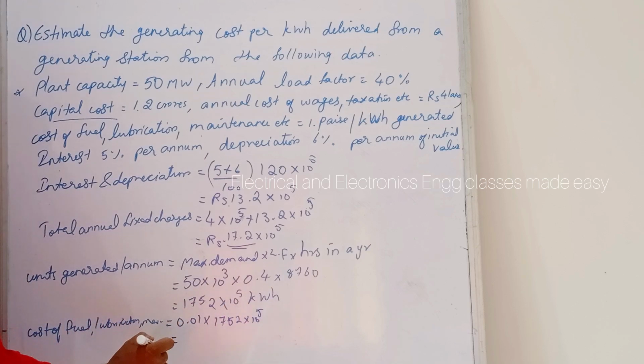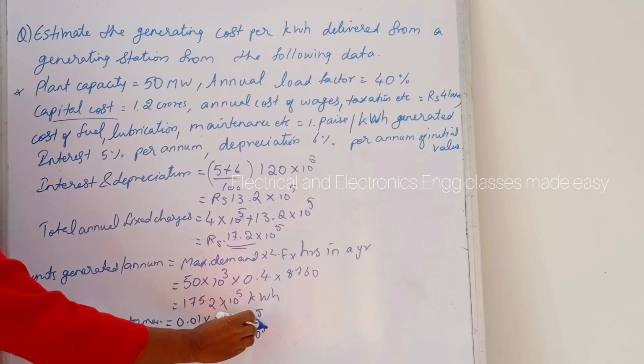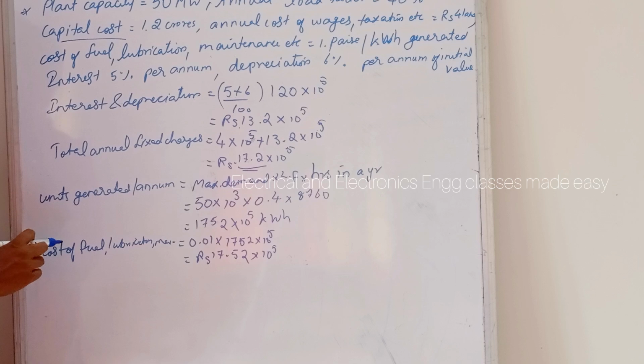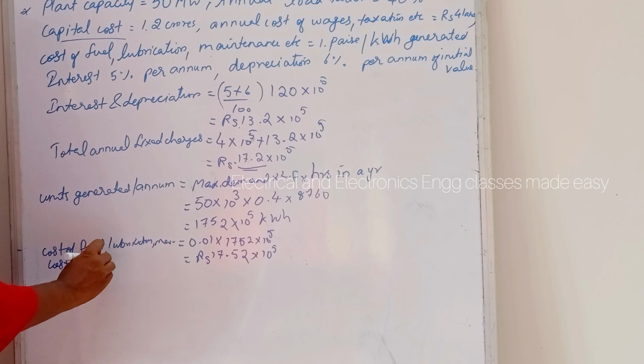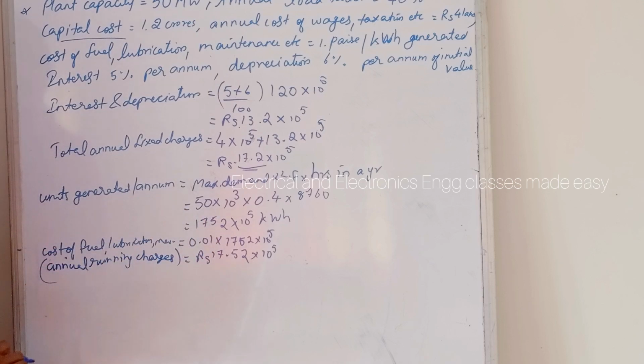So it is equal to rupees 17.52 into 10 raised to 5. This is the total annual running charges.